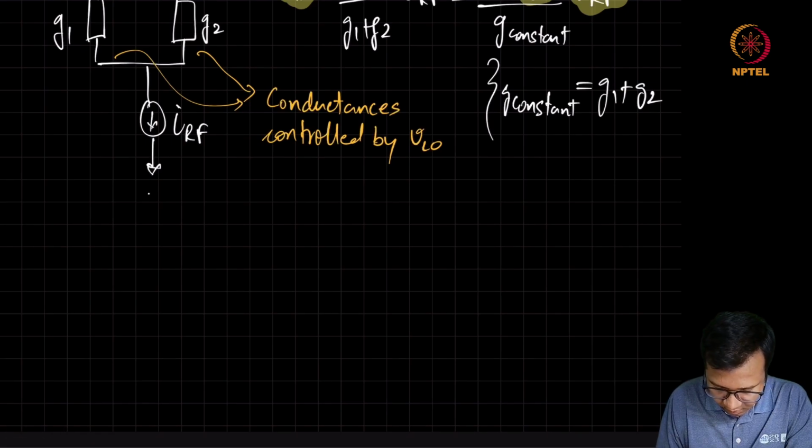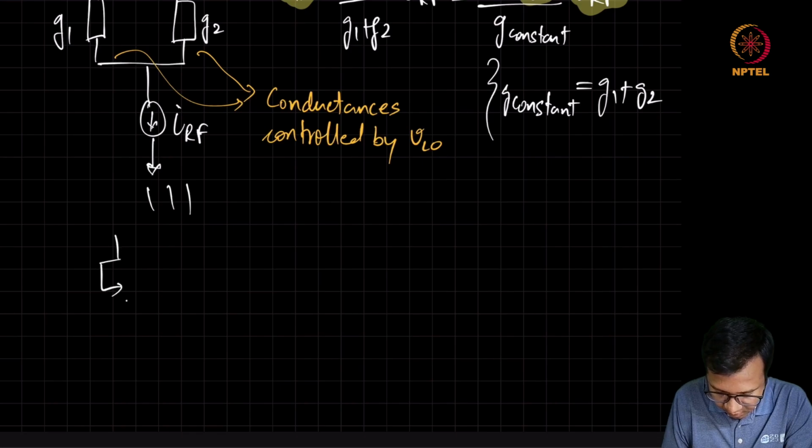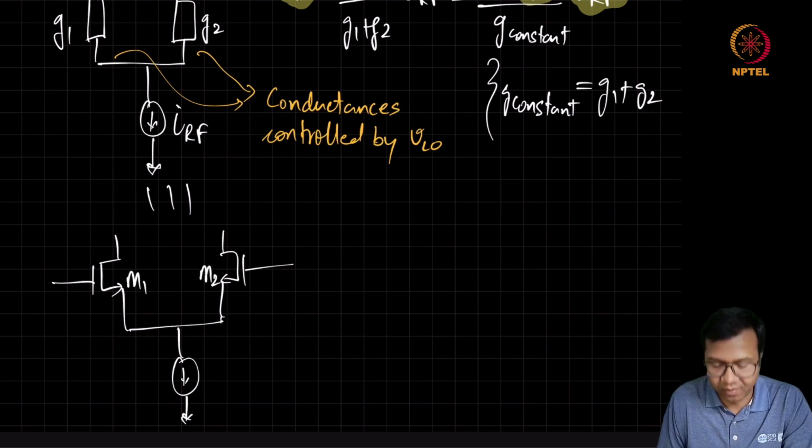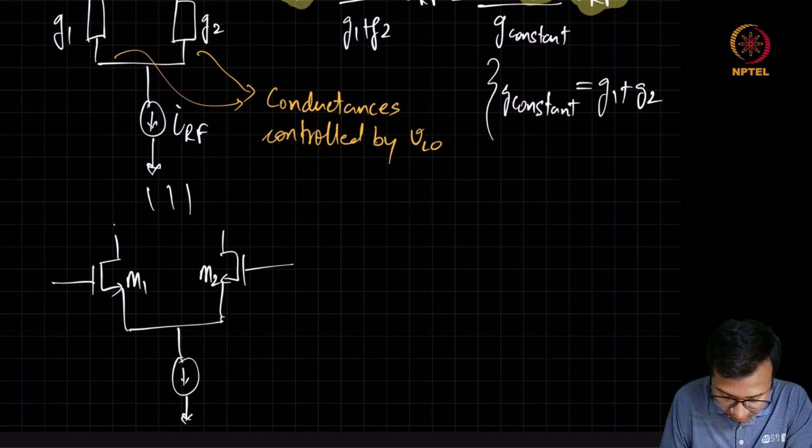So we can design this circuit by replacing this G1, G2 with, let's say, these transistors M1, M2.